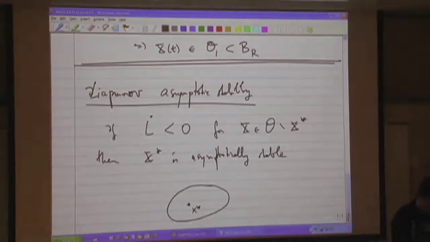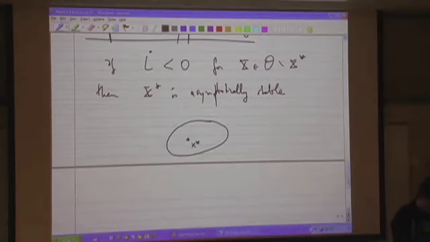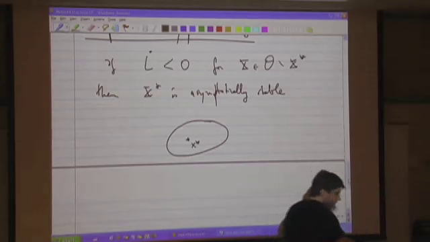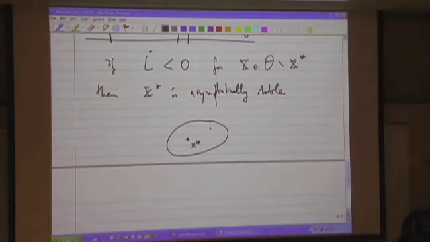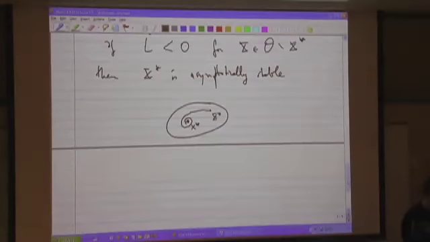The proof has to be somewhat different because it has to show that the limit of a solution starting here actually approaches the equilibrium.